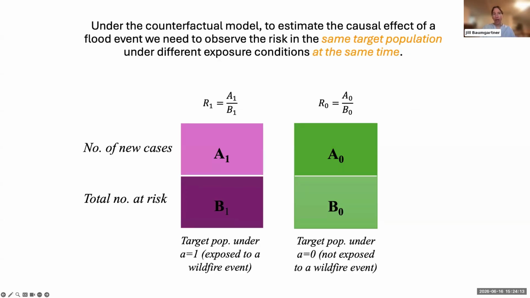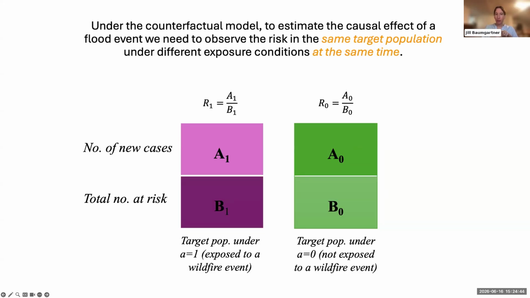And then we can apply this same concept of risk to a counterfactual model. So again, we're going to get a little parallel universe here, but I promise there's a point and we'll circle back to the real world in a bit. Under this counterfactual model, let's say that we want to estimate the causal effect of a wildfire event on outcome A. Outcome A could be anything: deaths, injuries, hospitalizations.